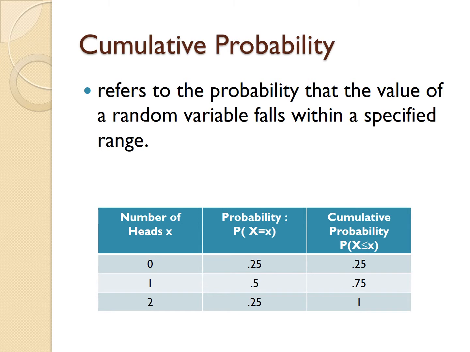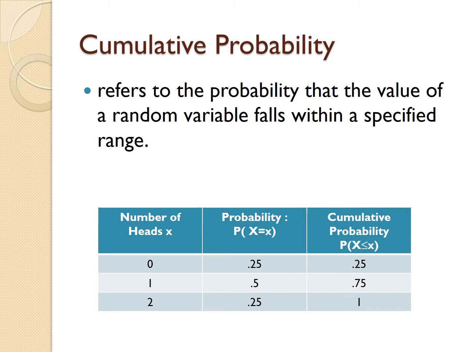The probability of x less than or equal to 0 is the probability of x equal to 0, because the possible outcomes for x are 0, 1, or 2, so it would be 0.25.